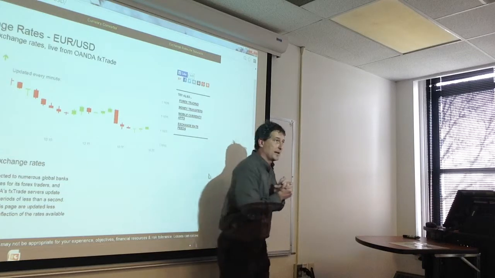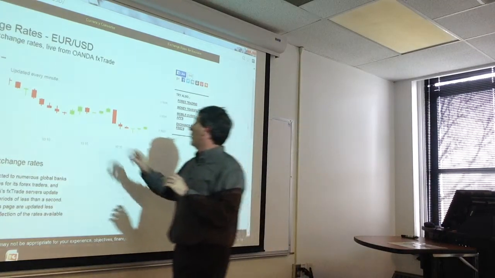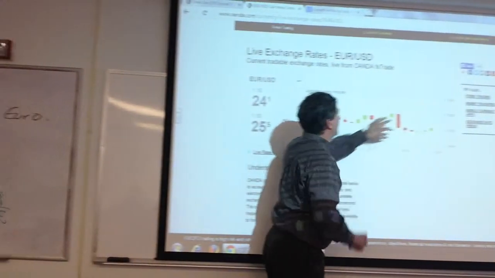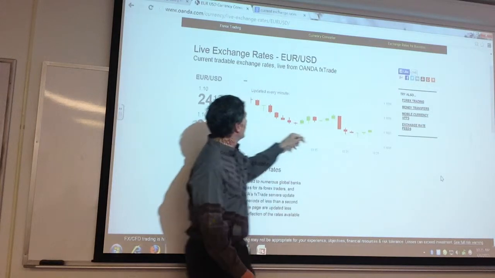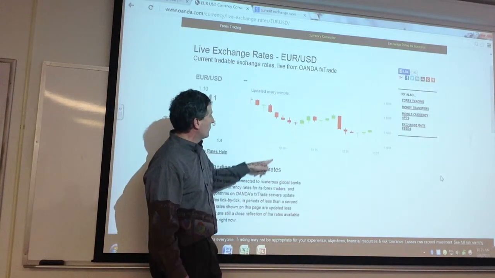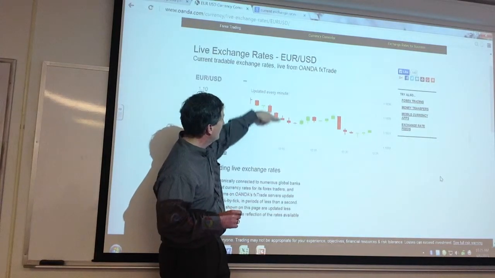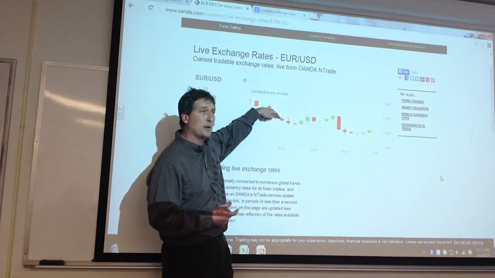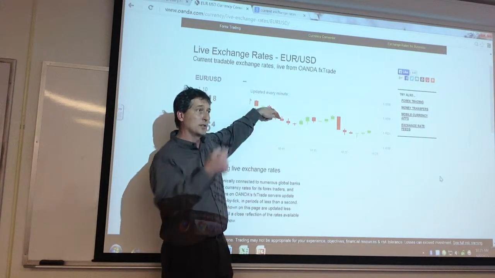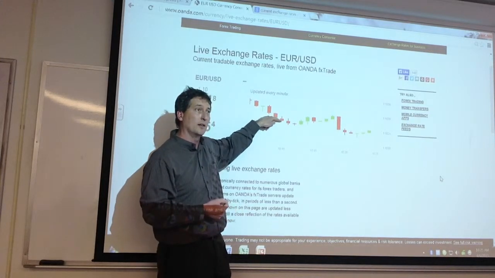Okay, questions or comments there? What does the width mean in the middle? The width doesn't mean anything, but the height is the open and close. What's the fat part? The fat part is, at 10:10, when it opened, the currency was trading at the top part of the fat part, and at the close of the minute, 59 seconds later, it closed here.